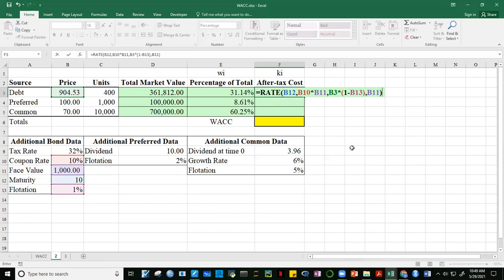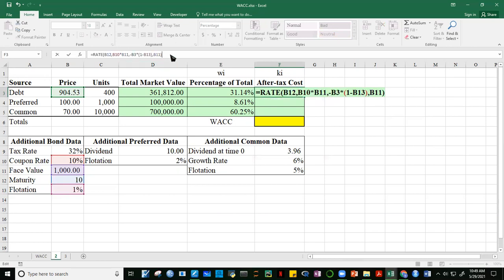Take note, guys, one of these should be negative. So we make the price negative, and the PMT and future value positive. Or you can reverse it: you can put negative on the PMT and the future value, and then the present value is positive. They should have opposite signs. Then what do we have to do with this?